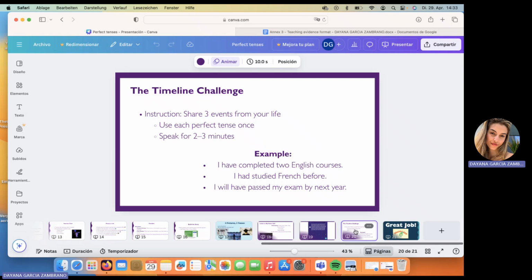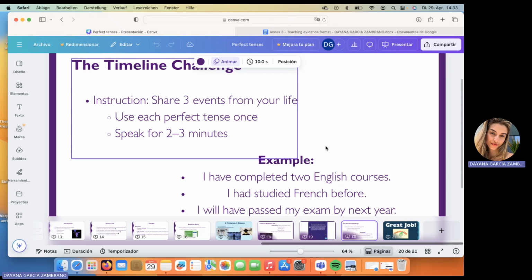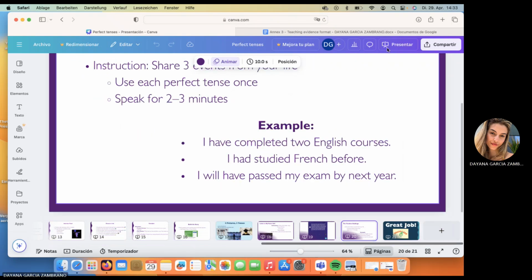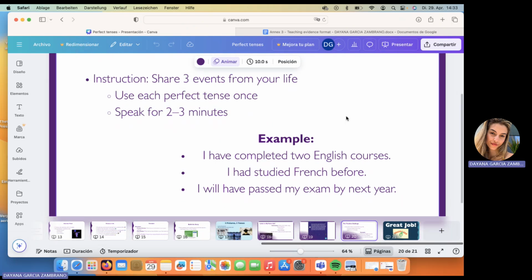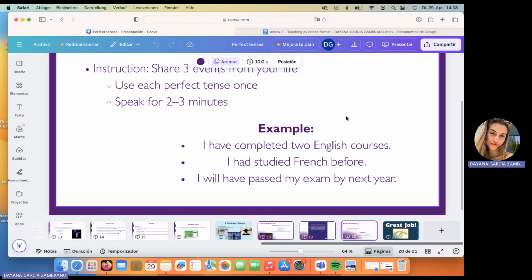Now comes a timeline challenge. The student needs to share three events from his or her life and use each perfect tense once. The idea is that each of them talks for 2 or 3 minutes and uses at least three sentences, one per perfect tense.